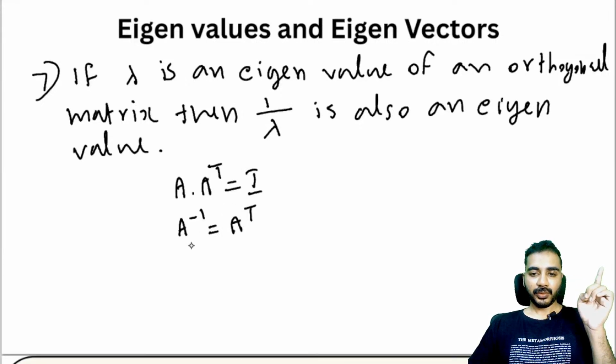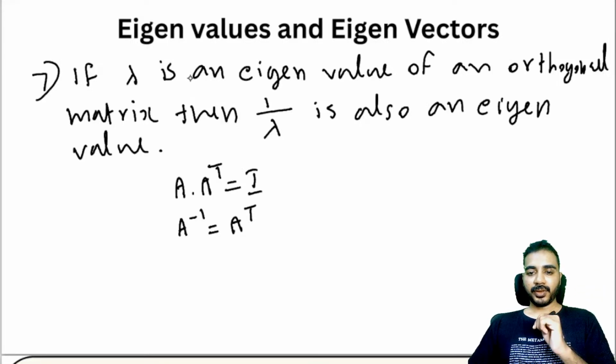So if A is having lambda, then A inverse is having 1 by lambda according to the previous property. So we can say when lambda is an eigenvalue of an orthogonal matrix, then 1 by lambda is also an eigenvalue.